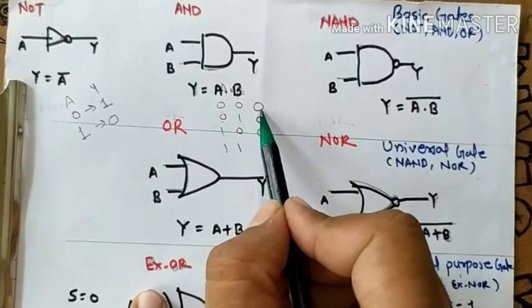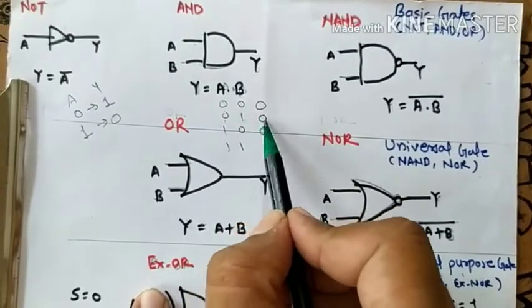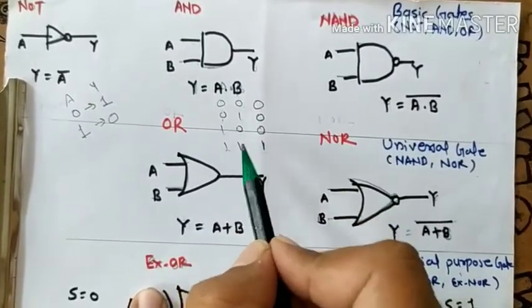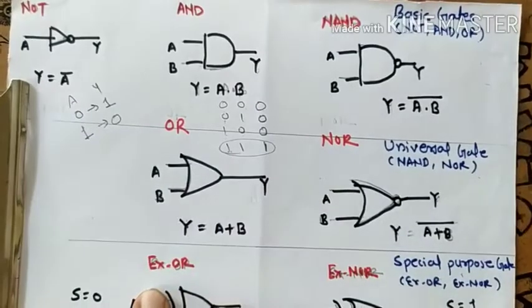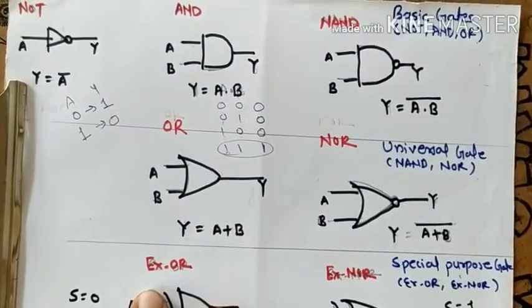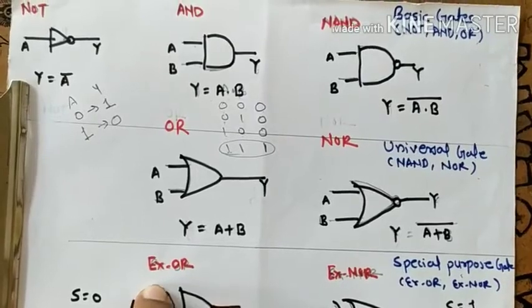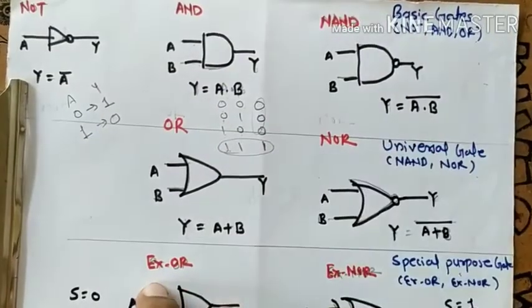Only 1 into 1 gives output 1, and if any multiplication has 0, the output will be 0.